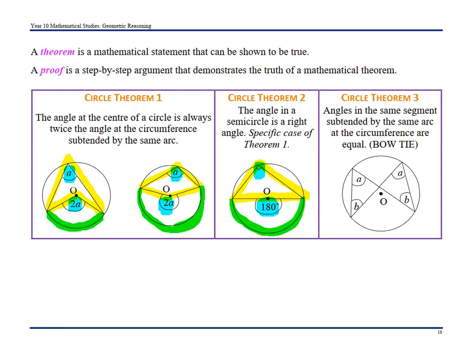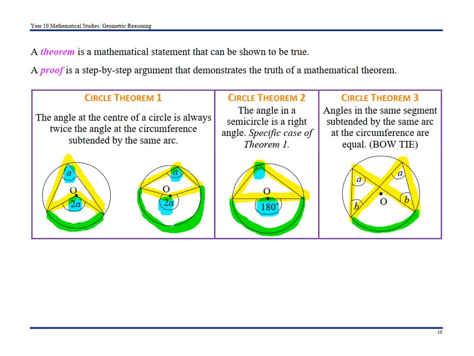Finally, circle theorem 3, I like to call the bow tie. Angles in the same segment, subtended by the same arc at the circumference, are equal. So we have our arc here, and if we draw our bow tie, there's our bow tie.